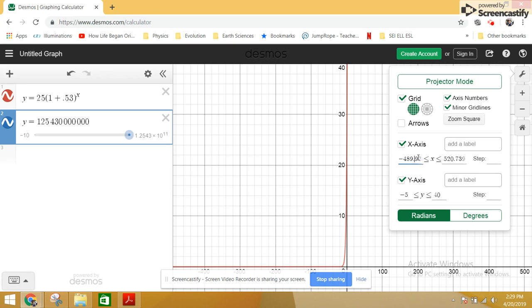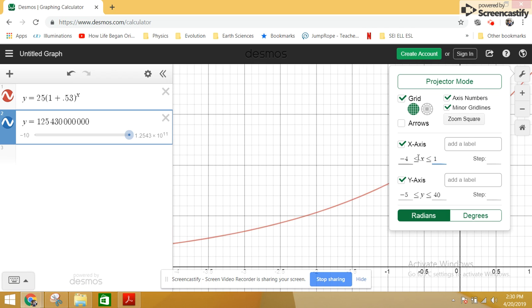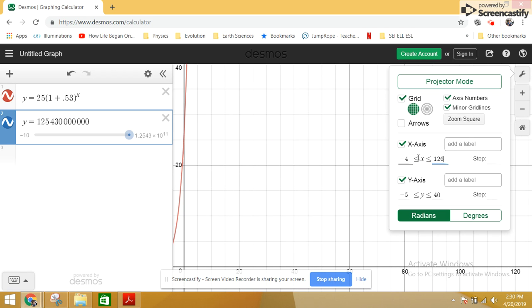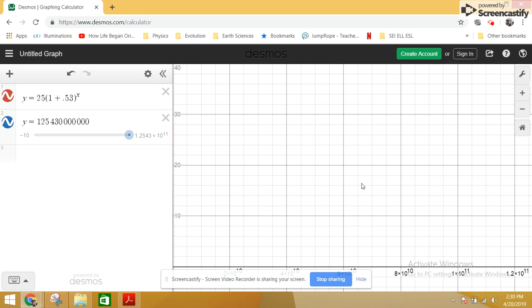My y-axis, though, I really want to be something a little more useful. I'll say -4 to 126 billion. And that should do it.